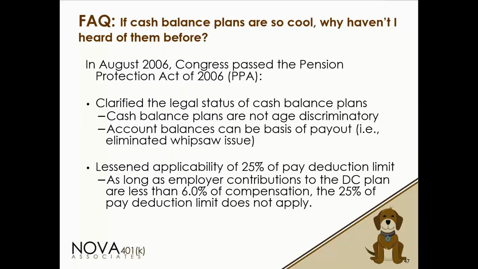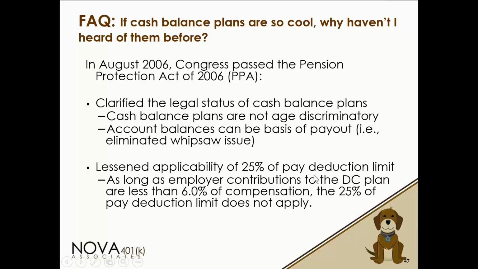If cash balance plans are so cool, why haven't I heard of them? In August 2006, Congress passed the Pension Protection Act. It clarified the legal status of these plans, and it basically eliminated the 25% pay deduction rules if the plan was covered by PBGC, or if the profit sharing contribution was less than 6%.